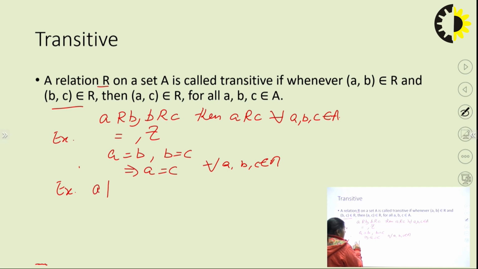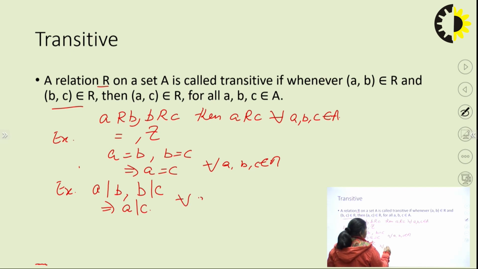If an integer A divides another integer B and B divides another integer C, then definitely A will divide C for all A, B, C belonging to the set. So this is a transitive relation. So we have discussed 4 properties: reflexive relation, symmetric relation, antisymmetric relation and transitive relation.